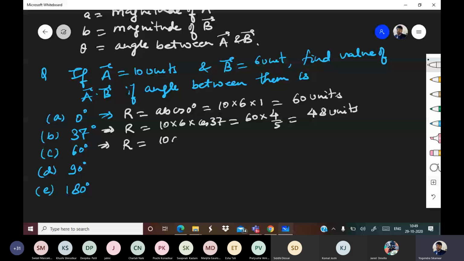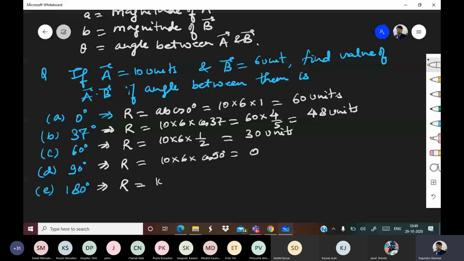Cos 60 is half, and that will be 30 units. When it is 90 degrees, it will be 10 into 6 into cos 90, which is 0, so everything will become 0. We'll talk about this separately. Now for 180 degrees, it is 10 into 6 into cos 180, which is minus 1. That will be minus 60 units.